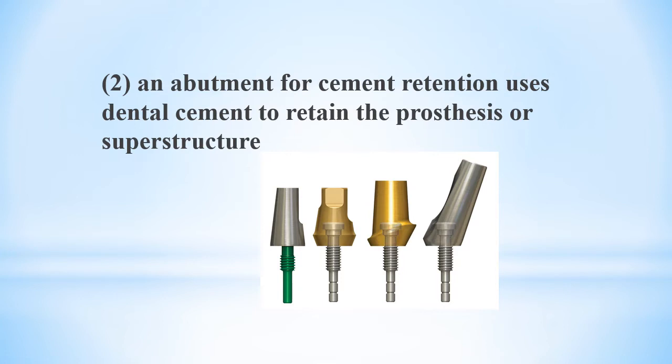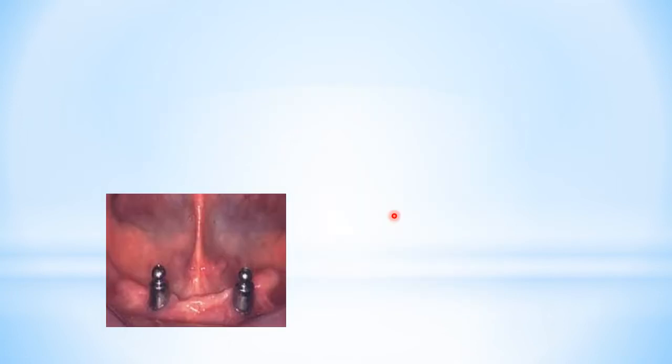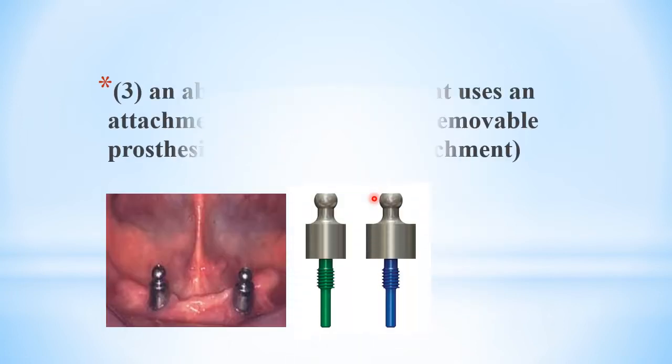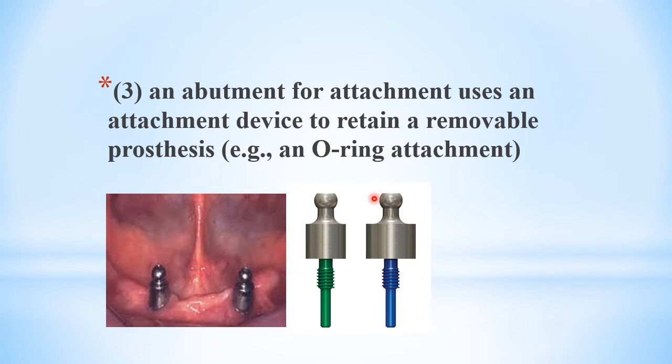The second group, abutments for cement retention, uses dental cement to retain the prosthesis or superstructure. The third group, abutments for attachment, uses an attachment device to retain a removable prosthesis, like the O-ring attachment used in overdentures.